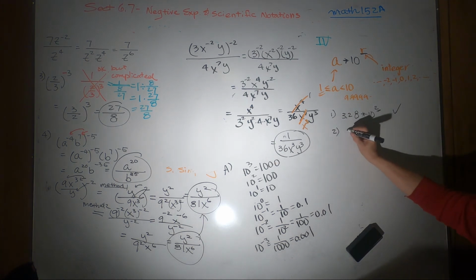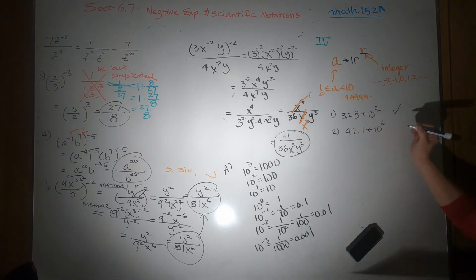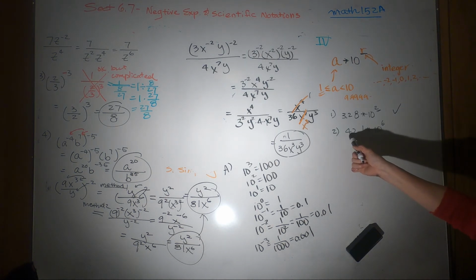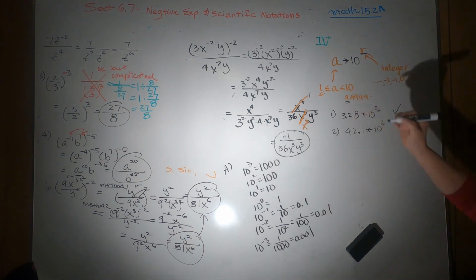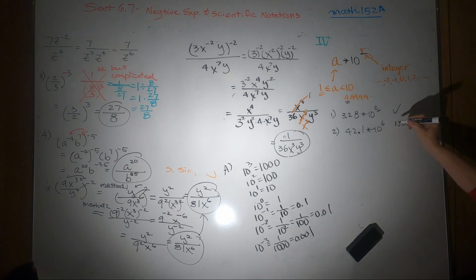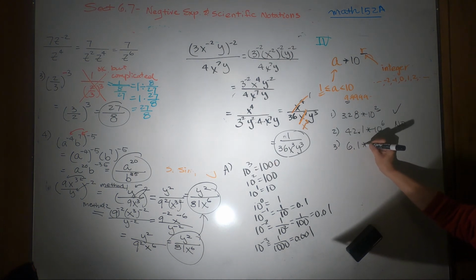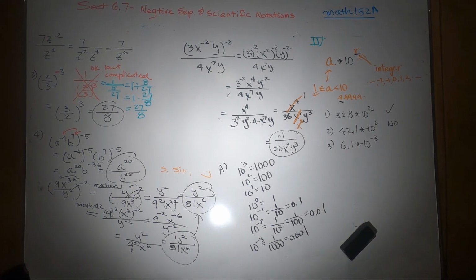If we have 42.1 times 10 to the 6th power, is that scientific notation? No, because you have two digits in front of your decimal point. It can only have one, so this one is no. We don't want to write it this way. And if we have 6.1 times 10 to the negative 3rd power, what do you think?